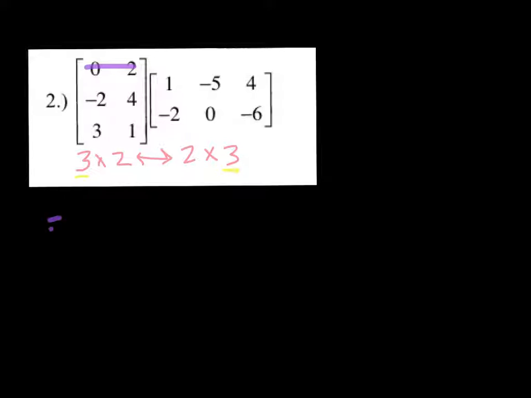So let's see here. 0 times 1 plus 2 times -2 will be our first entry. Okay, next column, 0 times -5 plus 2 times 0.